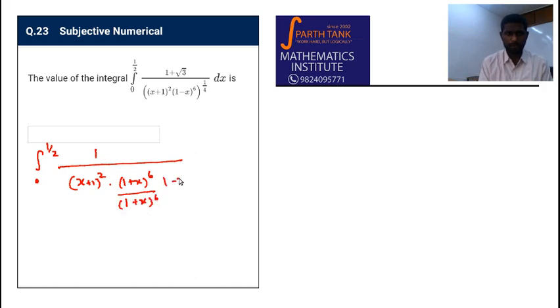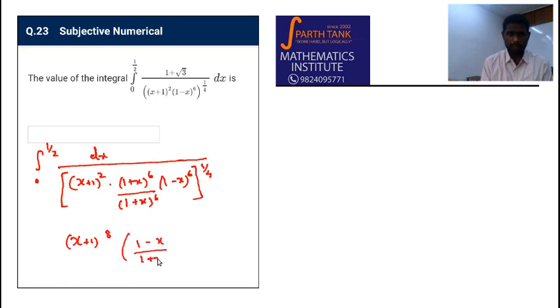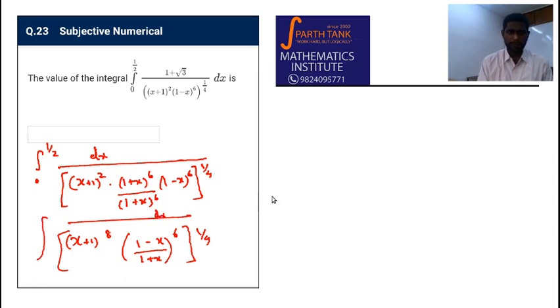Okay, and already I have (1 minus x) power 6. Now what will happen here? This becomes (x plus 1) the whole power 8 and then (1 minus x) by (1 plus x) to the power 6, the whole to the power 1 by 4 dx and all the integral.